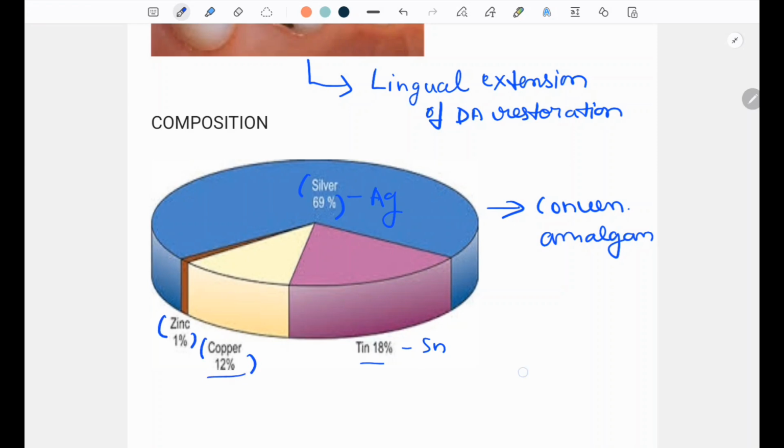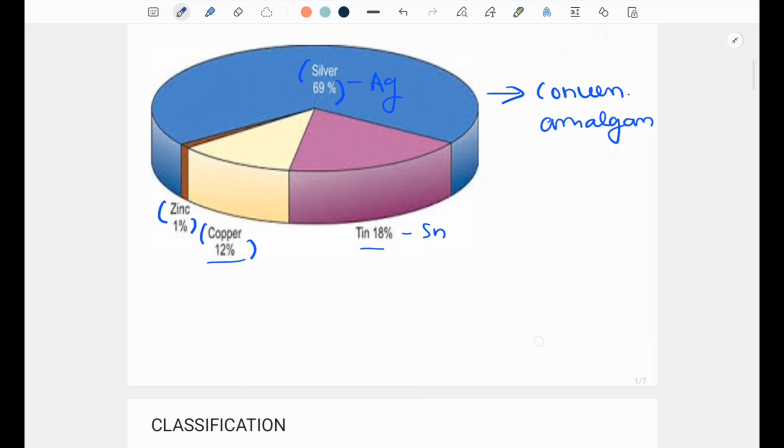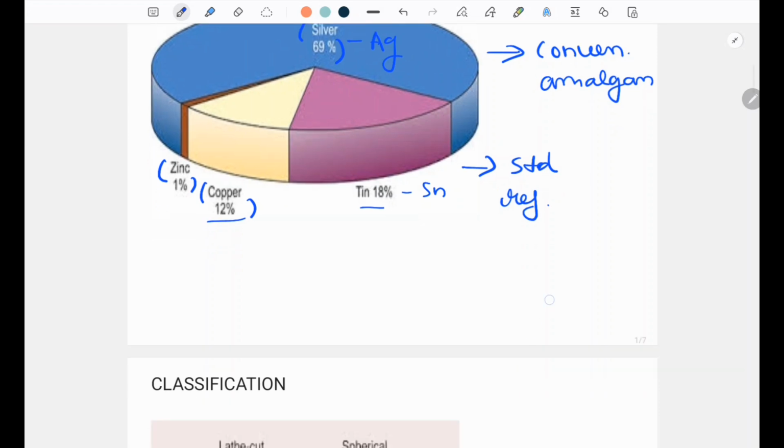This is just to represent that each type of amalgam differs in its composition. This is a general standard reference, just to make you all understand.